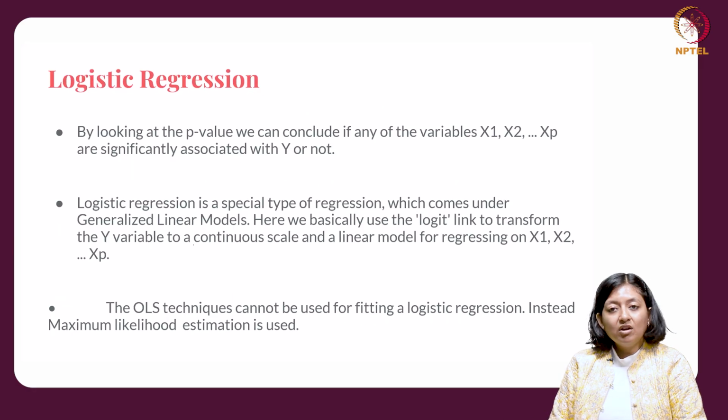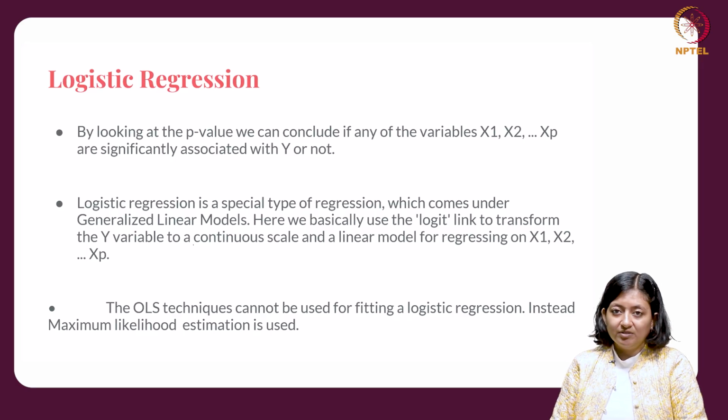To run the logistic regression in R, we need to mention family equal to binomial, and also if we want the link logit as the required link function. However, please note, if we are already mentioning family equal to binomial, logit link is the default link.